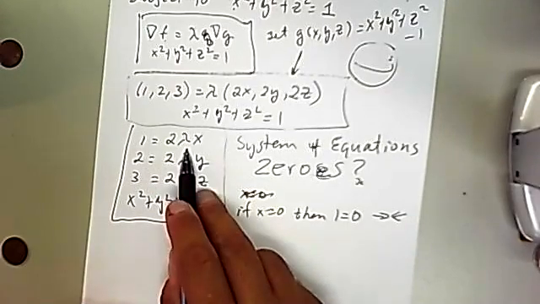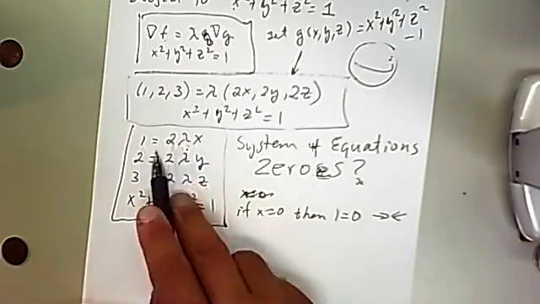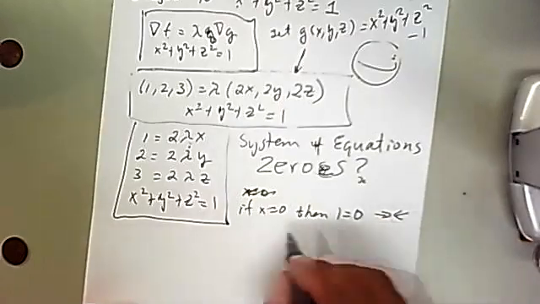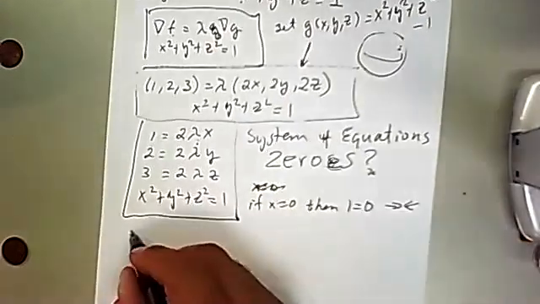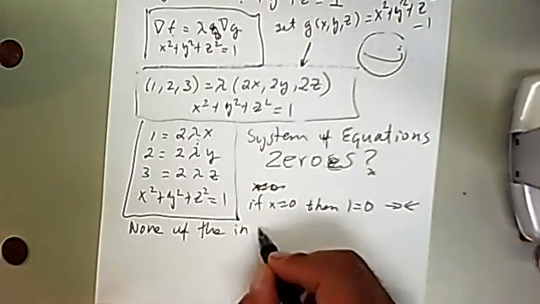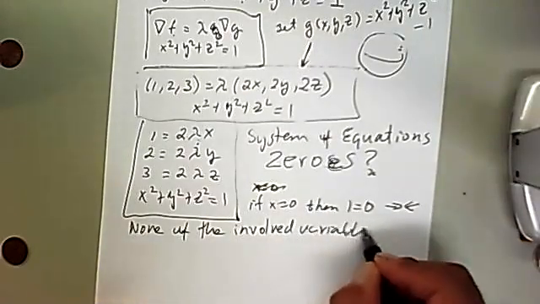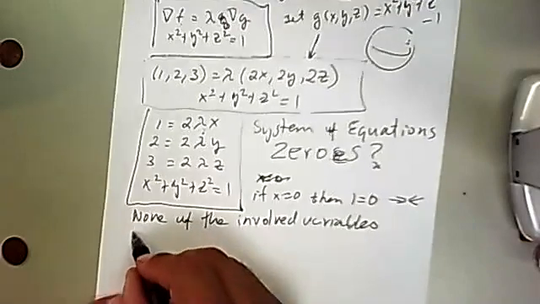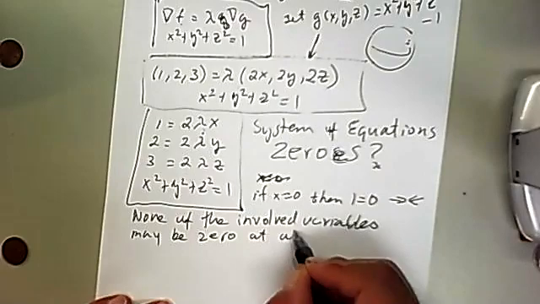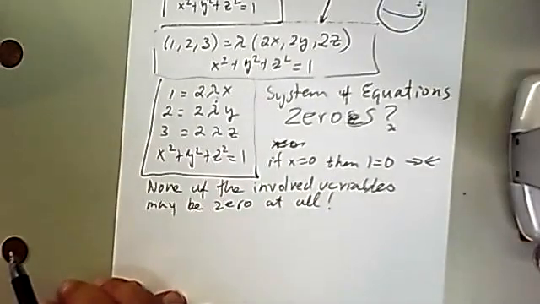Can lambda be 0? No, because if lambda is 0, we have the same thing. Then 1 is equal to 0. So none of the involved variables may be 0 at all, because we have a complete contradiction.